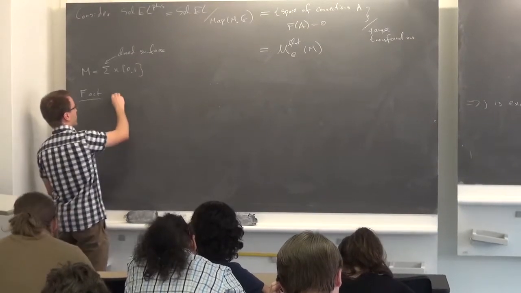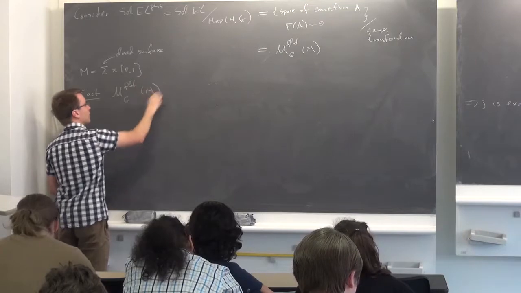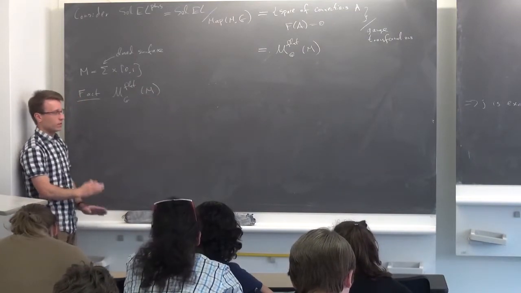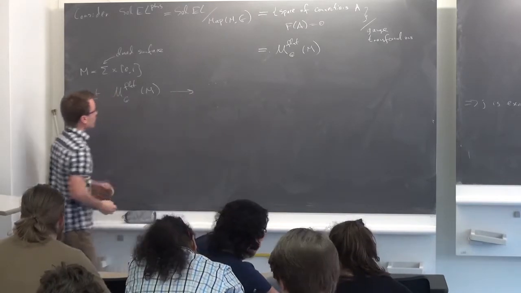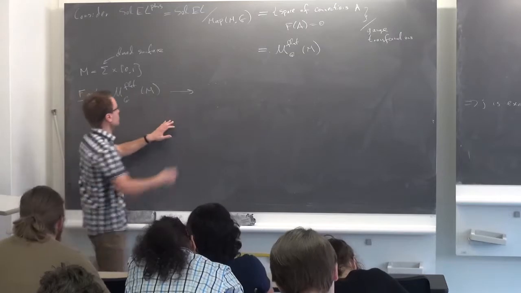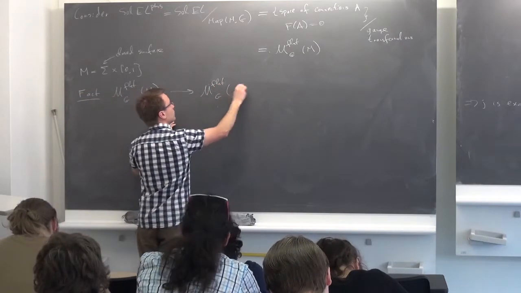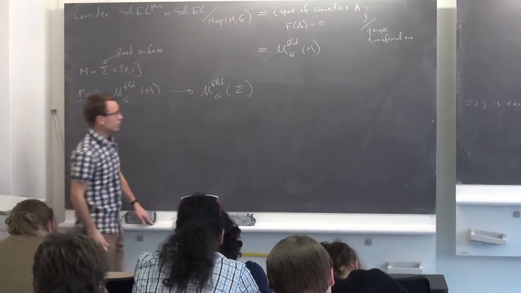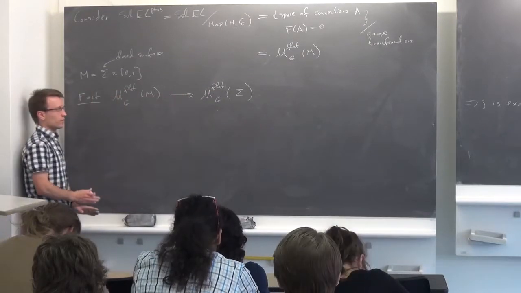So the first fact is that, given a flat G bundle on M, a flat G bundle is again a G bundle equipped with a connection whose curvature is 0, you have a natural restriction map to flat G bundles just on sigma. So you can restrict the bundle, and you can restrict the connection, and then you see the curvature is still 0.